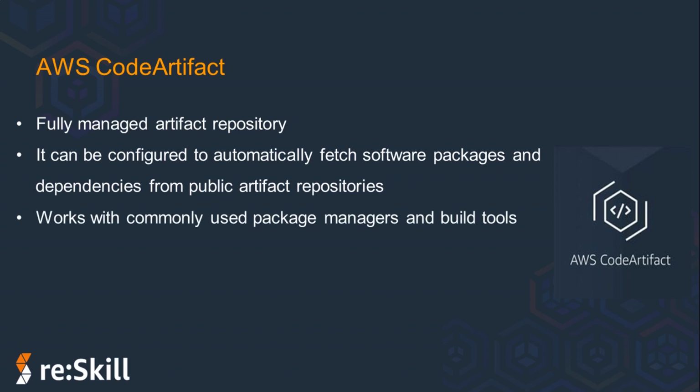Each repository exposes endpoints for fetching and publishing packages using tools like the npm CLI, the Maven CLI, or pip. You can publish artifacts using language-native tools such as npm or Yarn in the case of JavaScript, Maven or Gradle in the case of Java, or Twine in the case of Python, by executing the CodeArtifact CLI login command.